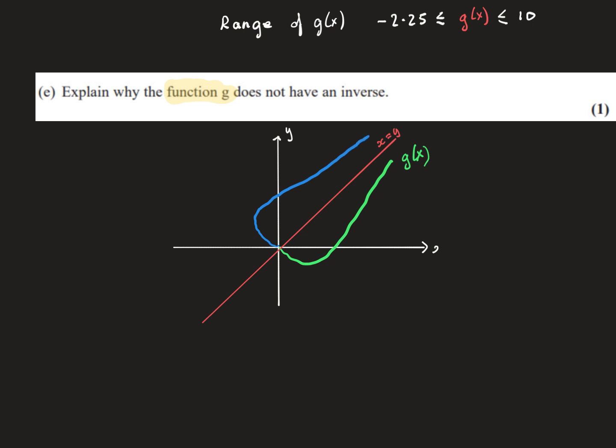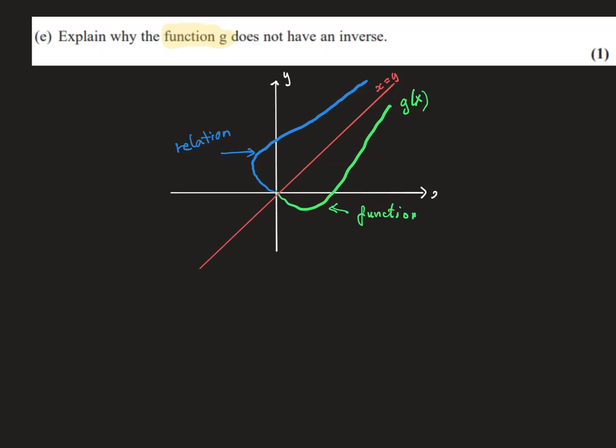Now, one of the things we need to know is the definition of a function. A function is not the same thing as a relation. A function must be one-to-one. That means that the input must have only one output. Whereas in a relation, you can have two outputs.